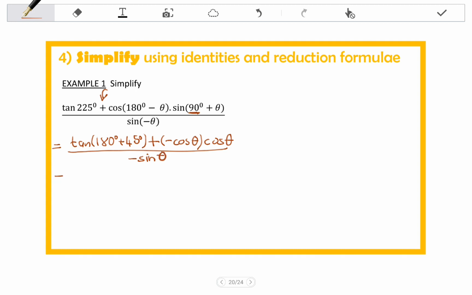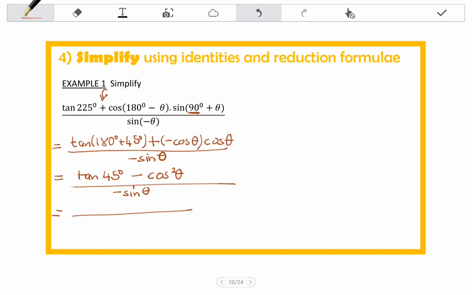Right, simplifying further, tan 180 degrees plus 45. In the third quadrant, tan is positive, so that reduces to tan 45 degrees. Okay, and multiplying this out, I have minus cos theta all squared, all divided by negative sine theta.